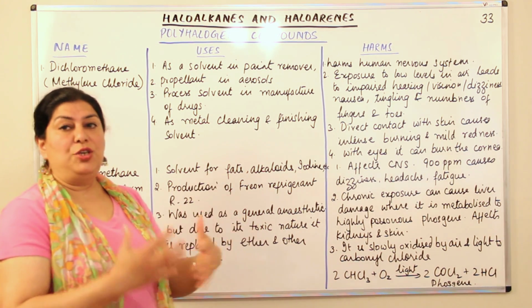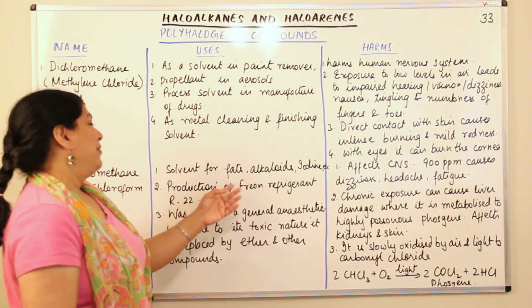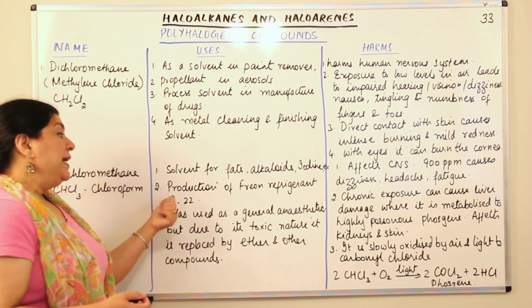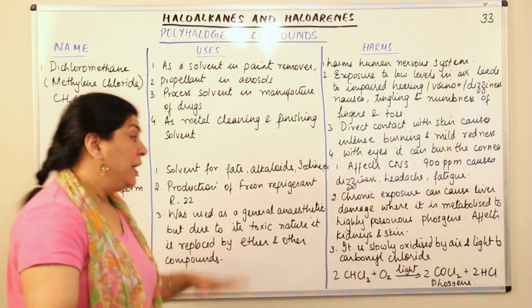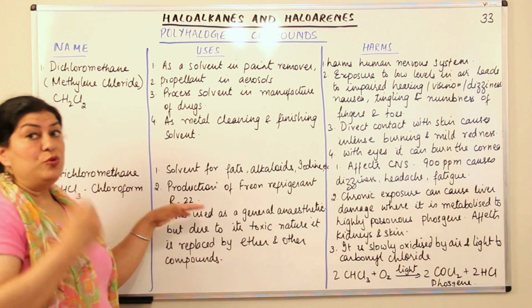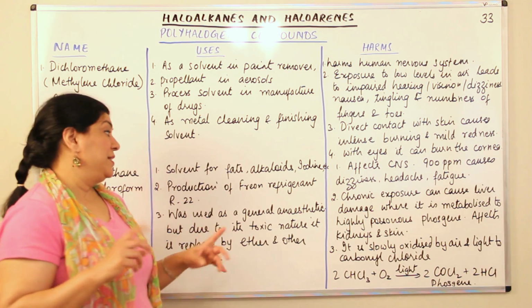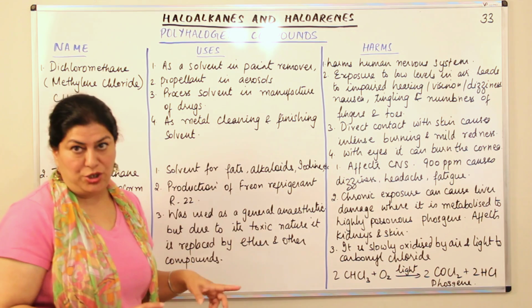So what are the uses of chloroform? Chloroform is also used as a solvent for fats, alkaloids, iodine, etc. It is used in the production of Freon. We are studying about Freon also. So it is one of the ingredients that is used in the production of Freon, which is used as a refrigerant. And one of the Freon refrigerants goes by the name of R22.